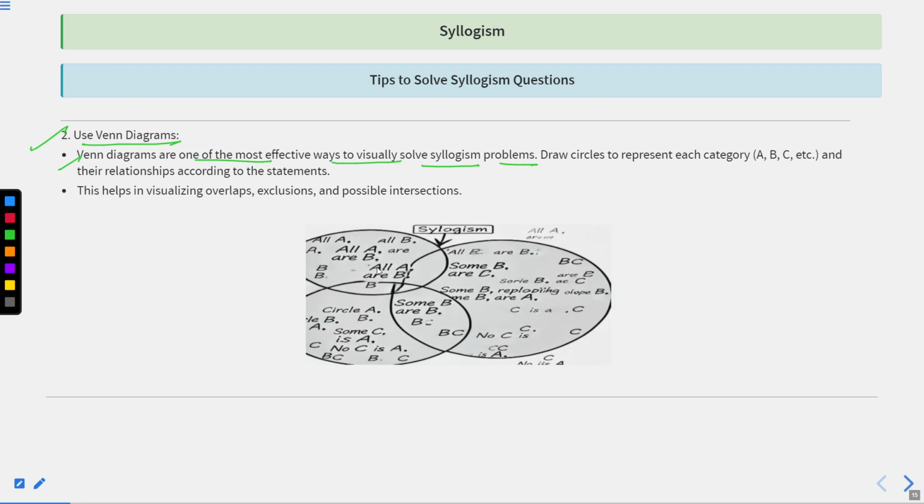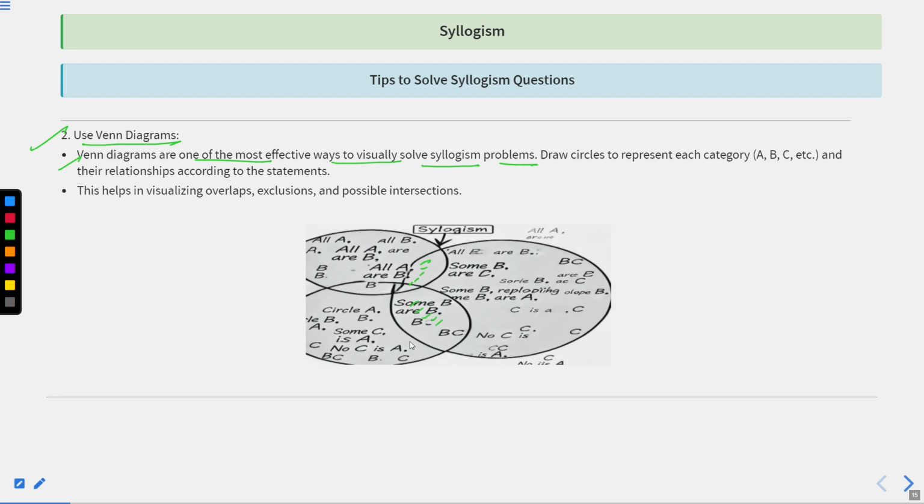So if we are talking about some apples are yellow, there will be a circle that is going to represent apples, and a circle that is going to represent yellow, and there will be an overlap. In this particular diagram, there is an overlap in this particular portion.